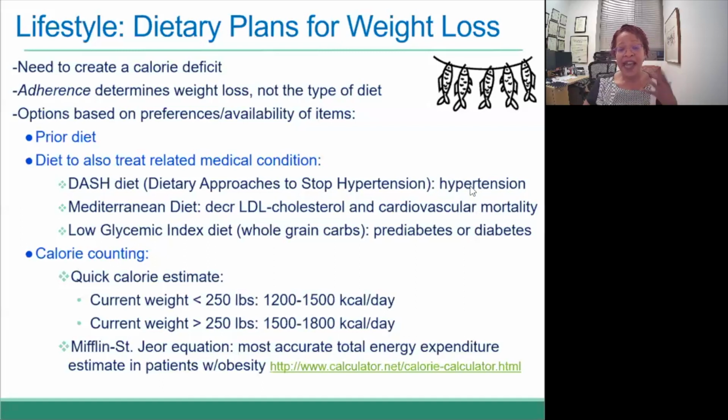It's not just a decrease in sodium, which you would expect, but also an increase in foods that are high in potassium and magnesium, which helps to decrease blood pressure significantly. Mediterranean diet, if you have a high risk for cardiovascular disease. Low glycemic index style, which is basically focusing on whole grain carbohydrates, for people who might have pre-diabetes, diabetes, or even just insulin resistance.